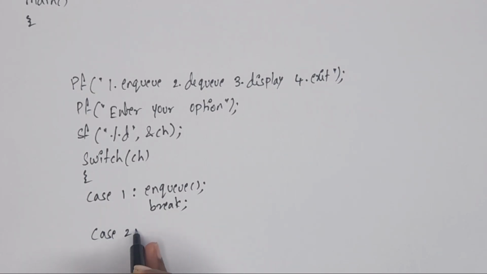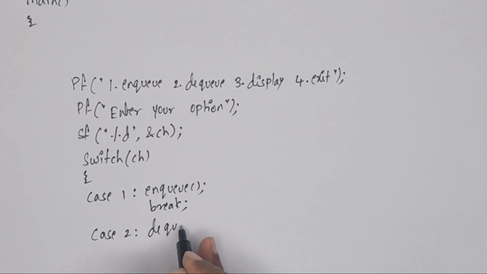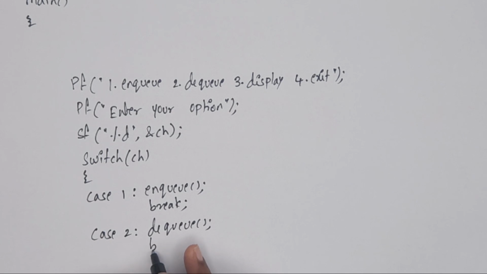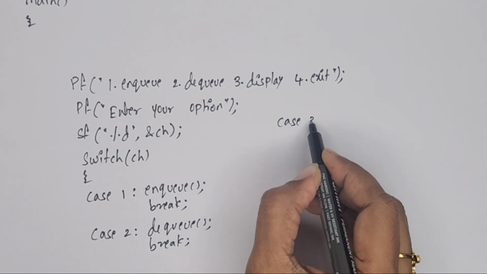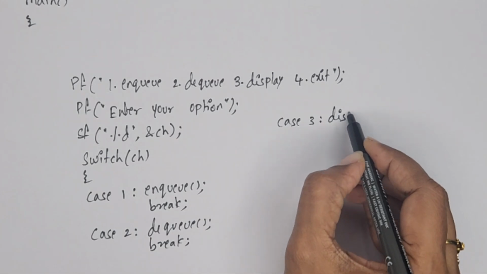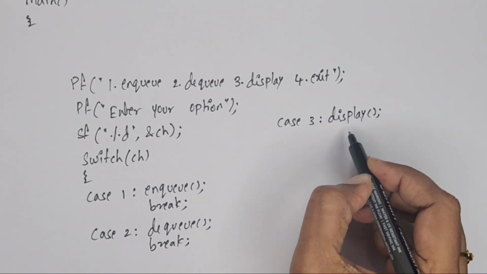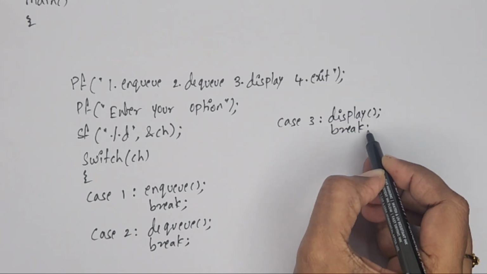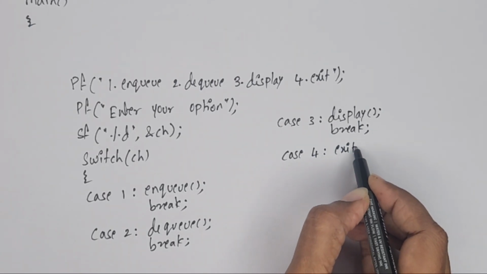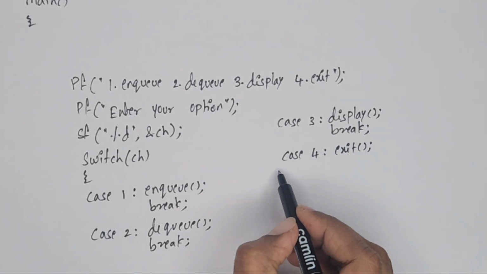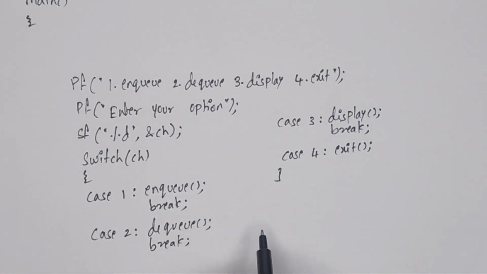Case 2, call the DQ function, break. Case 3, call the display function and break. Last one, case 4, it is exit. Exit means it will simply exit from the program. Now I'm going to close this switch case.